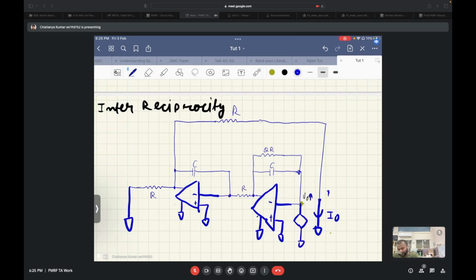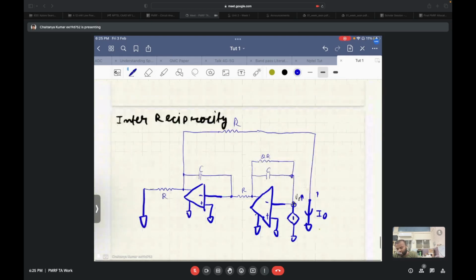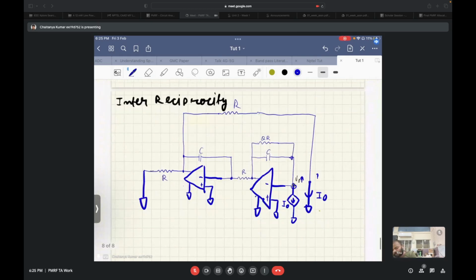Now what we want is that in that case this voltage should reduce, as the relation we saw previously is the opposite. Now to reduce the voltage at this node, this current source should tend to pull the current out of this node. Hence, the direction will be this. And since the gain was 1, here also we keep the gain as 1. So this is what we have as our inter-reciprocal network.